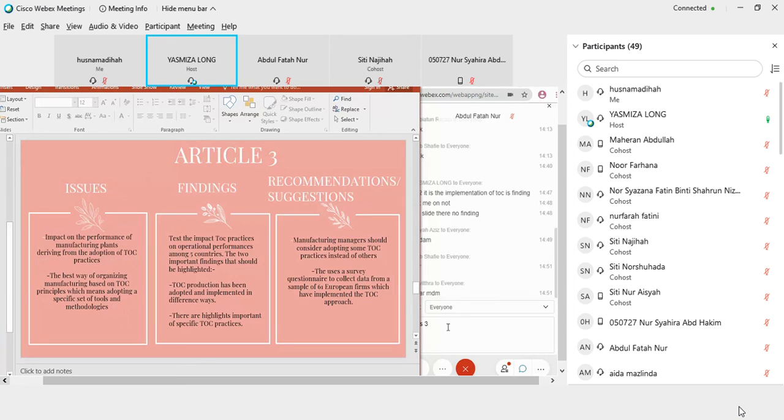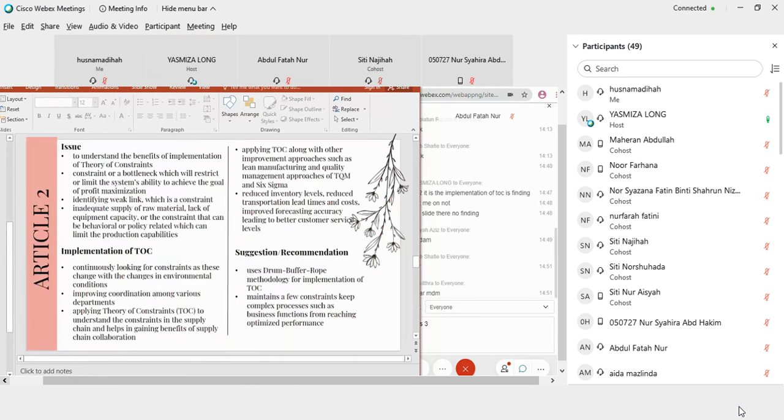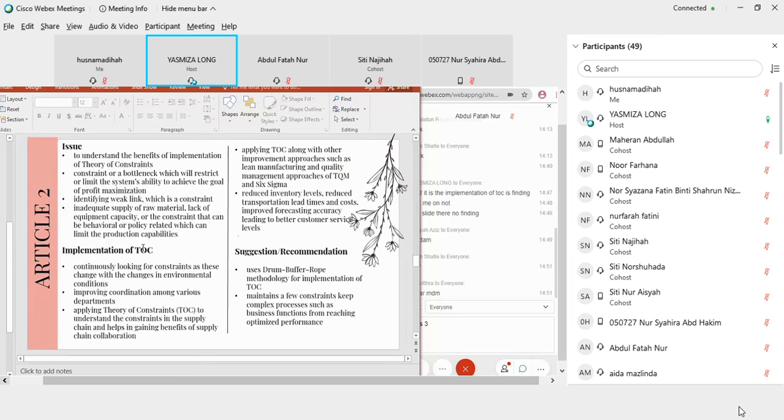So from the article 3 dia dah mention already. But from the article 2 we are not sure whether the implementation of TOC is the finding or not. Or they just suggest, but this one is suggestion.